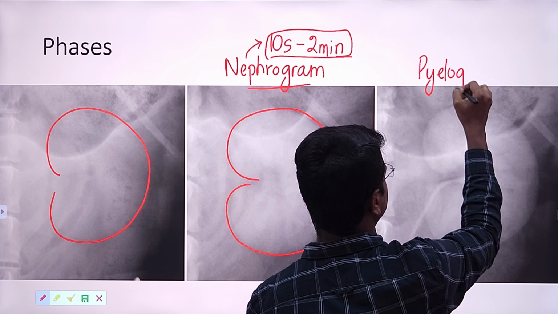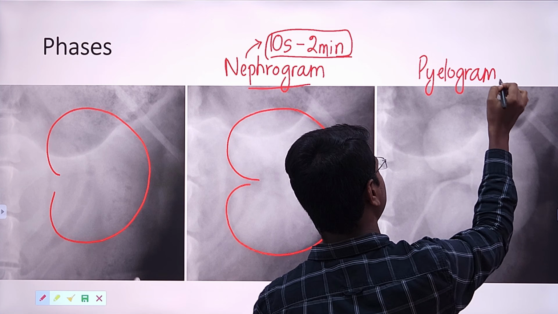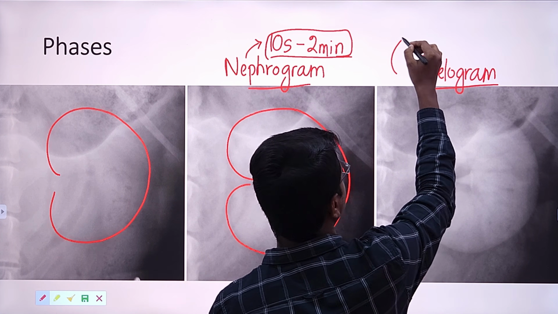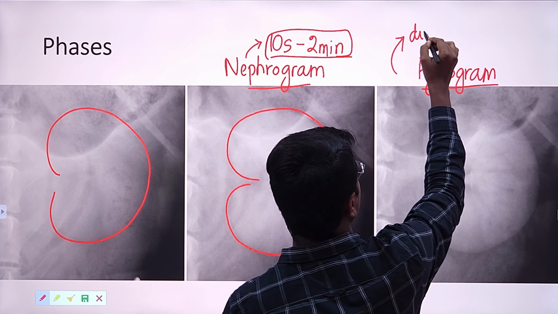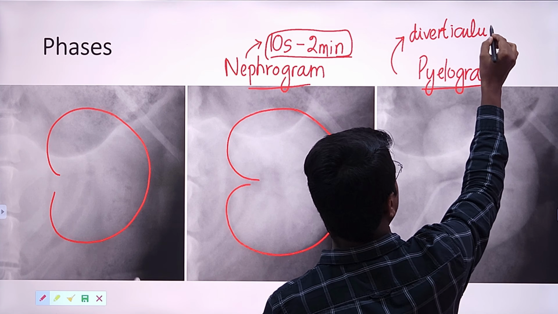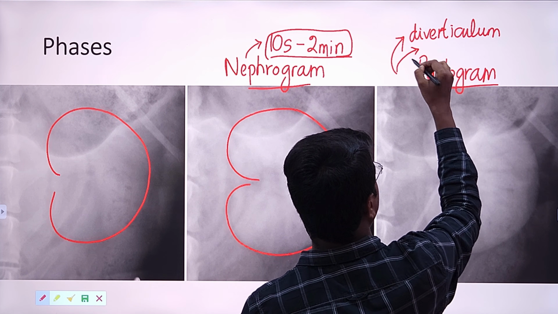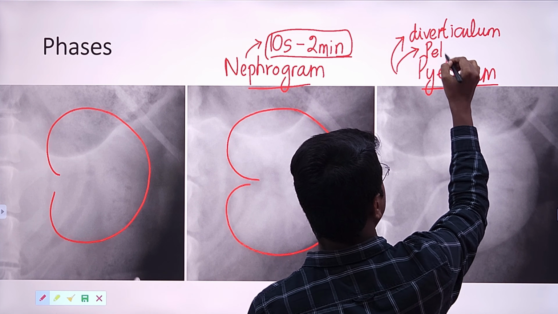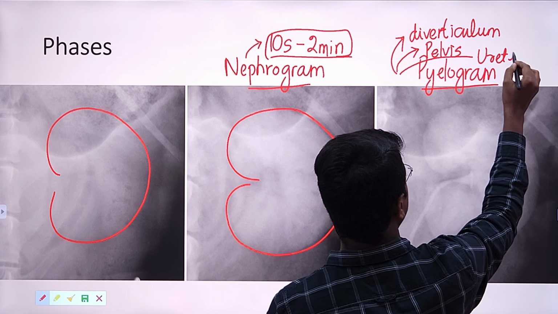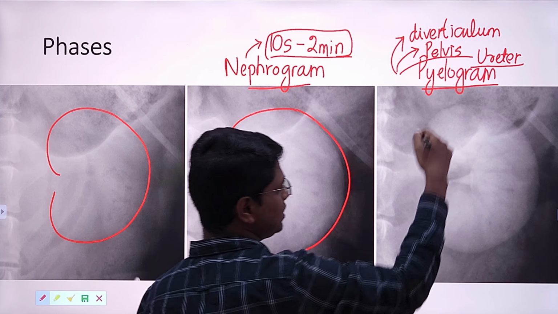In this phase, some structures will be opacified, like the renal diverticulum, and the renal pelvis, and also the ureter.